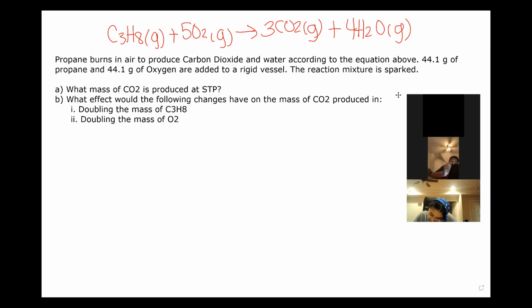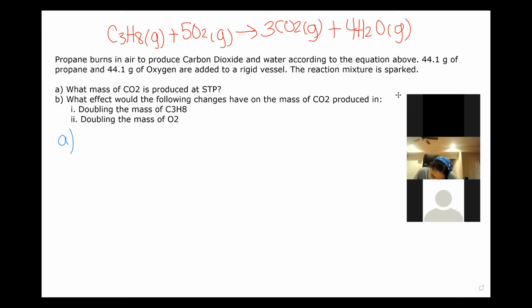So you can set up a simple stoichiometry problem. Starting with A, I'll do the A portion first. I have 44.1 grams of C3H8, right? Did I find the limiting reactant now? Yeah, that's what we're gonna do.